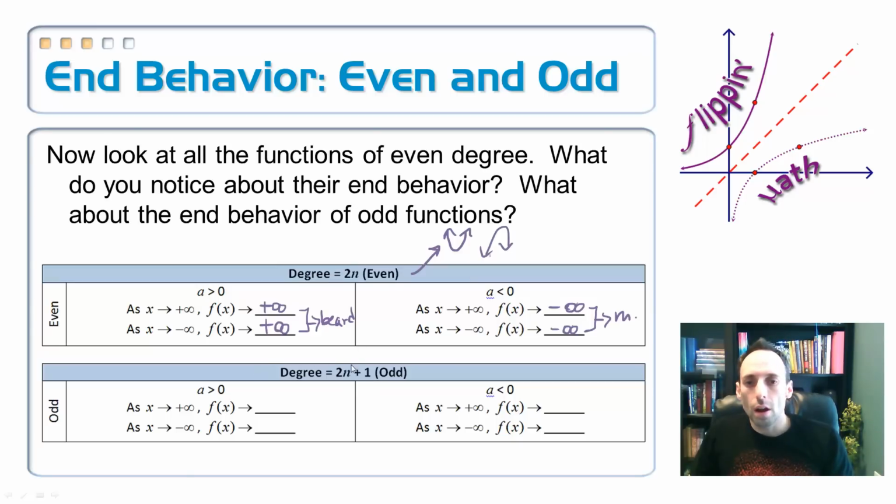Okay, so for an odd one, the easiest one to think about is a line like this. All right, so we have a line like that, as if it has positive slope, and a line like this as if it has a negative slope. So if you can relate it to these two cases, this is going to be a piece of cake. Okay, so on the first part, when a is positive, it's like I have the linear one with a positive slope.